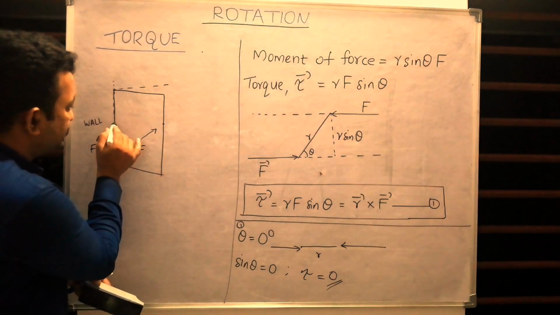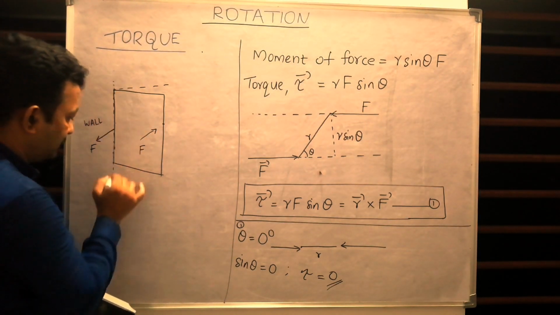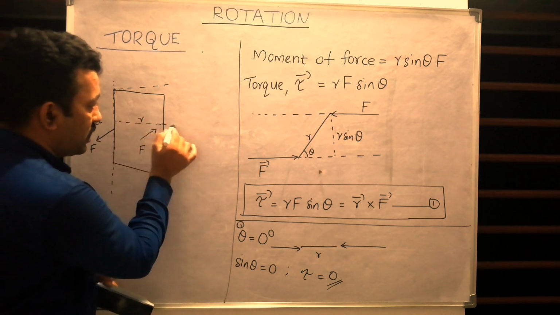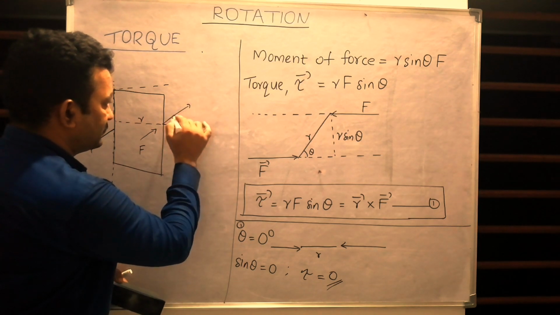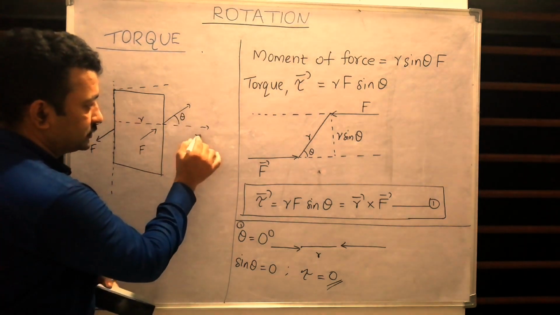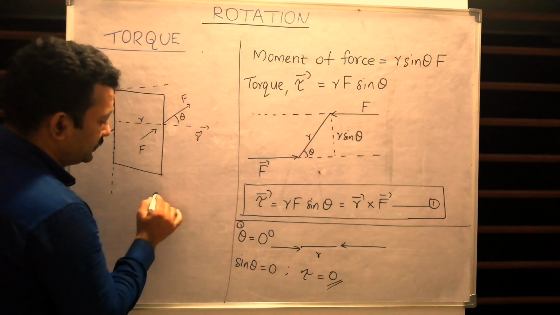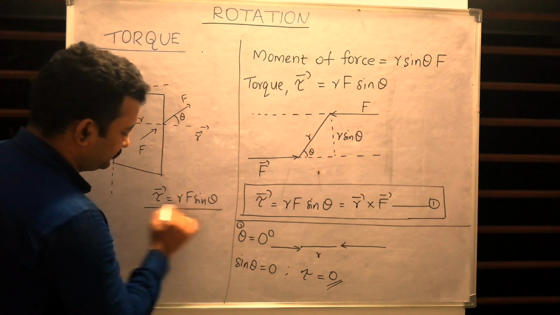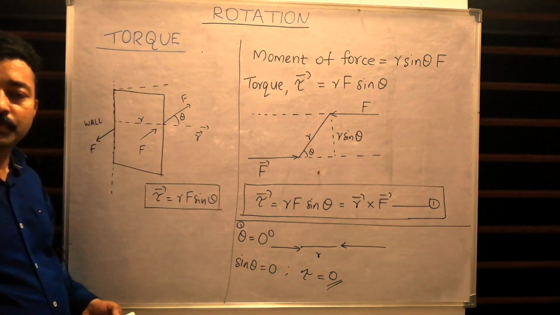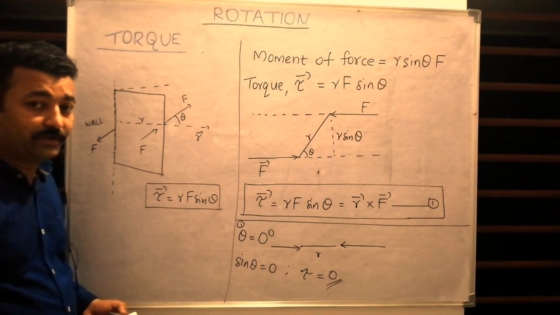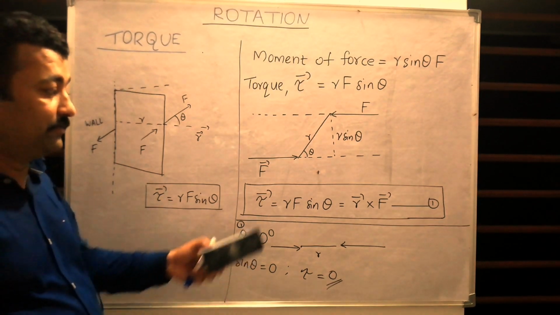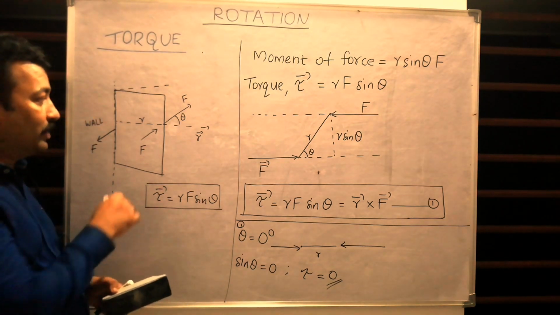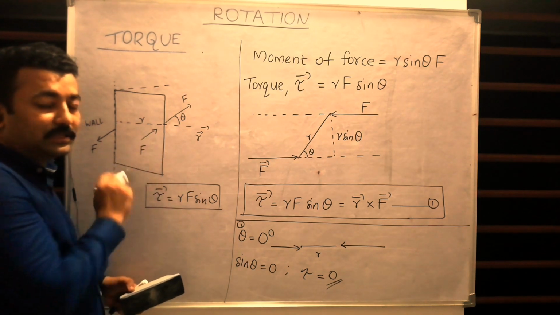So this can be called the axis of rotation. The distance to this point, let it be equal to r. If r is like this and F is like this, and they are making angle theta, we can say the torque acting is still equal to rF sine theta. So even when only one force is given, because in many problems we will not have two forces directly given, you have to guess. If one force is acting at one end of the body, the other end is fixed.